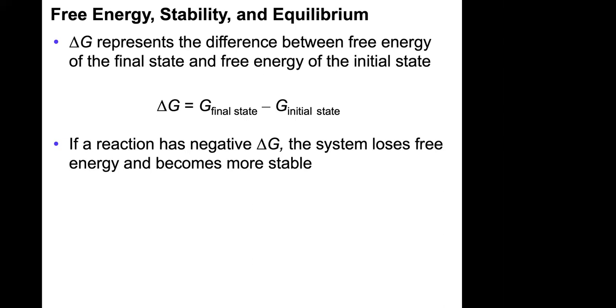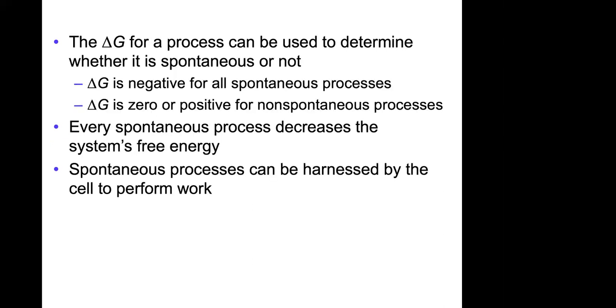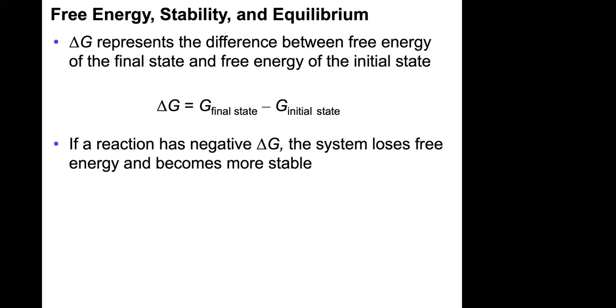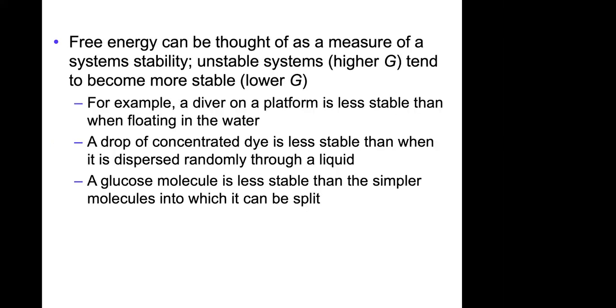And again, if your change is negative, it is a spontaneous process. If it is 0 or positive, it is a non-spontaneous process. If a reaction has a negative change in free energy, the system loses free energy and becomes more stable. So free energy can be thought of as a measure of a system's stability.